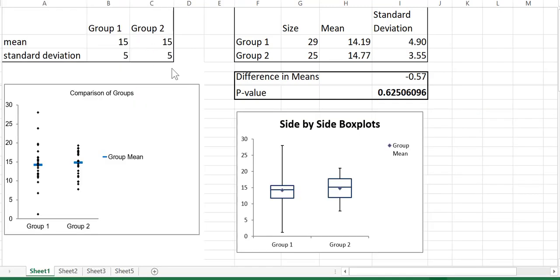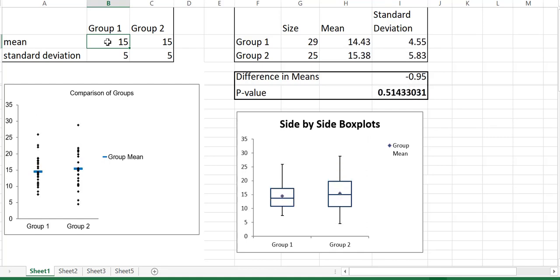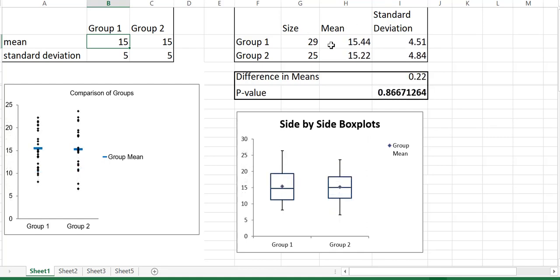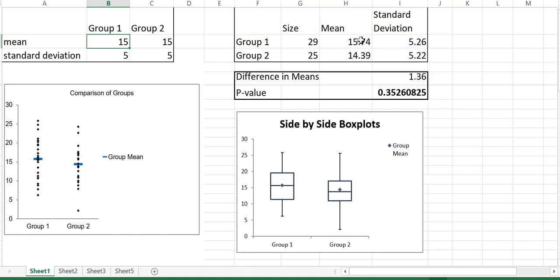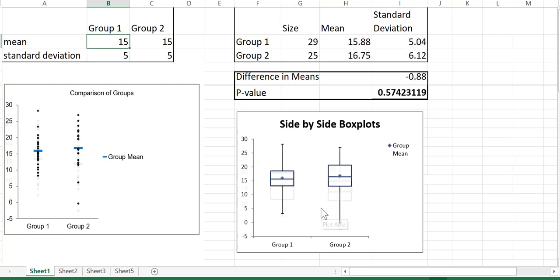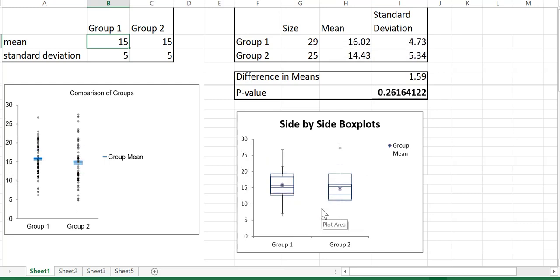Every time I take a new sample, notice my sample means change. So watch over here my sample means. With a new sample, I get different sample means. My sample means should stay close to 15, but they're going to be different. Like this time I'm at 14.3 and the other one's 15.7. Now watch the box plots. Every new sample, my sample means change a little bit.